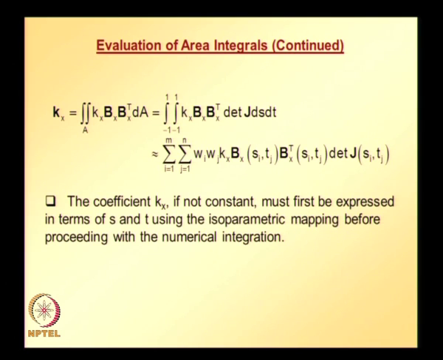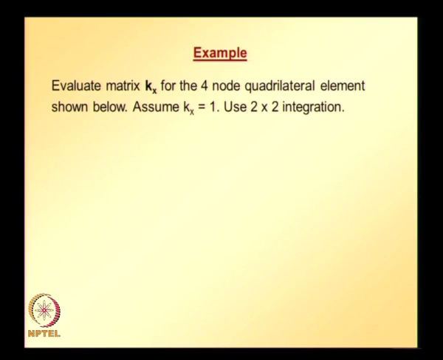So, this is what I mentioned. If coefficient kx is not constant, it must first be expressed in terms of S, T using isoparametric mapping before proceeding with numerical integration. So, now let us take an example: evaluate matrix Kx for the 4 node quadrilateral element shown below.